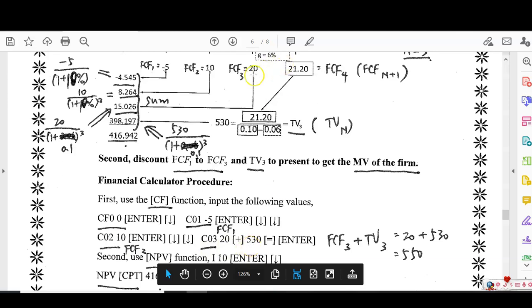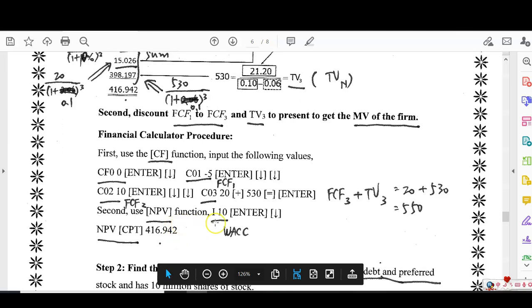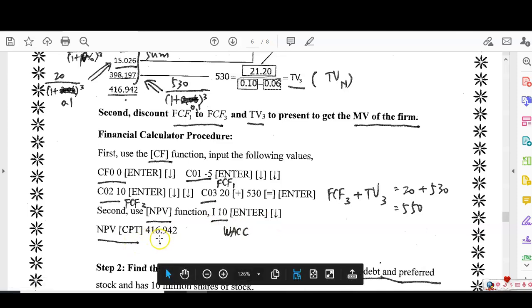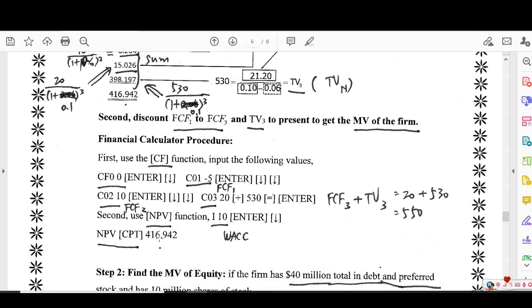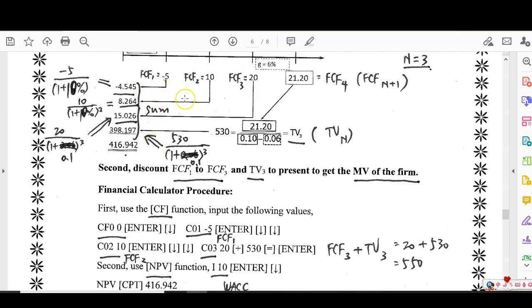So it's 20 plus 530, it should be 550, entered as cash flow 3. Press NPV function, input WACC as I10, enter, down button, compute. We can get net present value of all the free cash flows as 416.942.